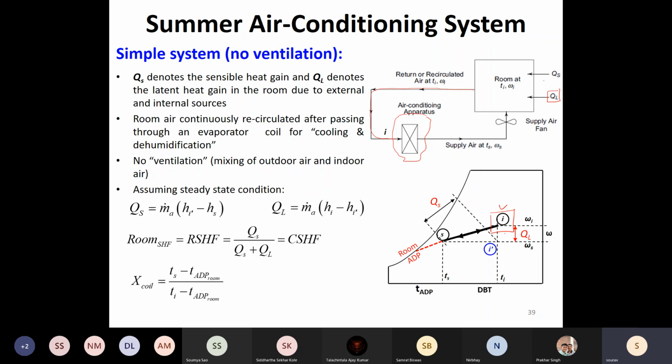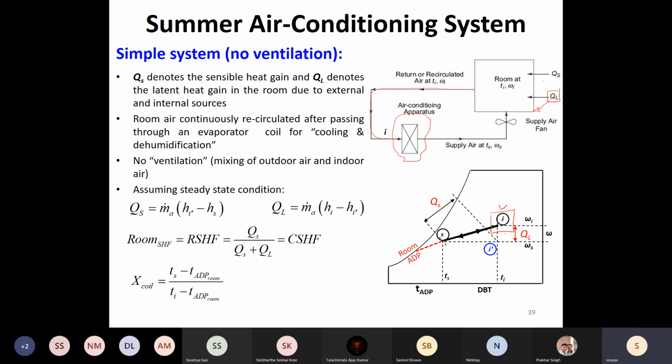There you see the QL component, the latent component, is mainly because of the presence of human beings. We perspire, we do various activities. Think of a gym where we are carrying out different types of exercise and we perspire a lot. So you will have a huge amount of latent load over there.